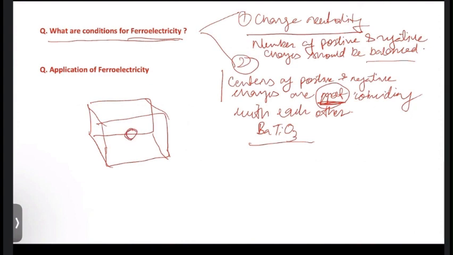We have a big barium atom, Ba2 plus, and here we have titanium 4 plus atoms. Sorry, these are barium atoms, and these are titanium 4 plus atoms.